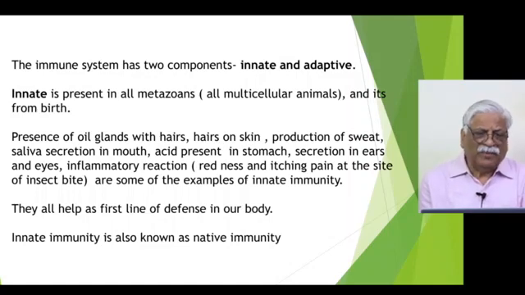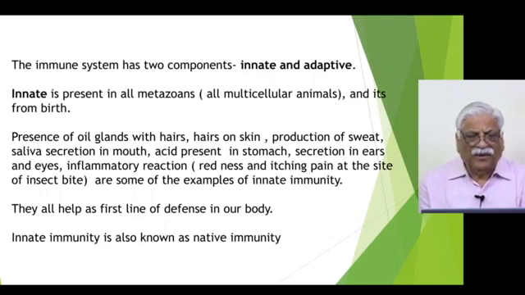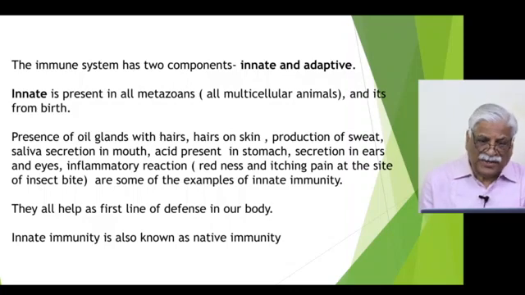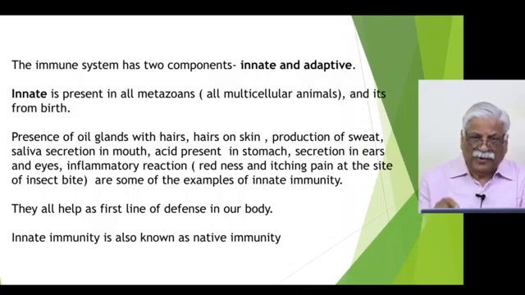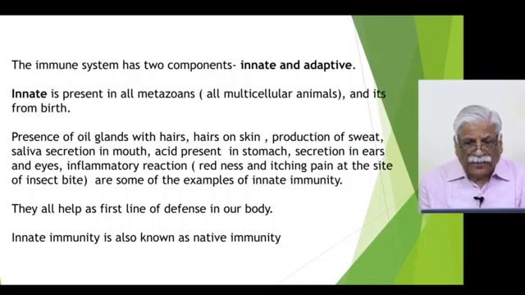Small things, I will give you an example. Presence of oil glands with our hairs, maybe on the skin, maybe on the head. All hairs have oil glands and they secrete oil. Hairs present on the skin, production of sweat, saliva secreted in the mouth has an alkaline nature. The acid present in the stomach is a very strong acid, HCl. Even if you dip your finger in it, the finger will burn because the pH of this acid is 1.0.